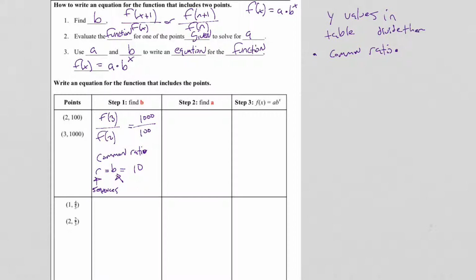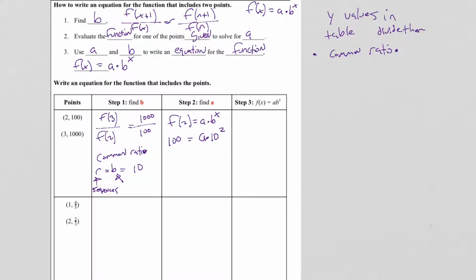And now we know if f of 2 is equal to a times b to the x, and we know that f of 2 is equal to 100, and we know our common ratio is 10, and in this case the x part would be 2, and now all we're looking for is a.